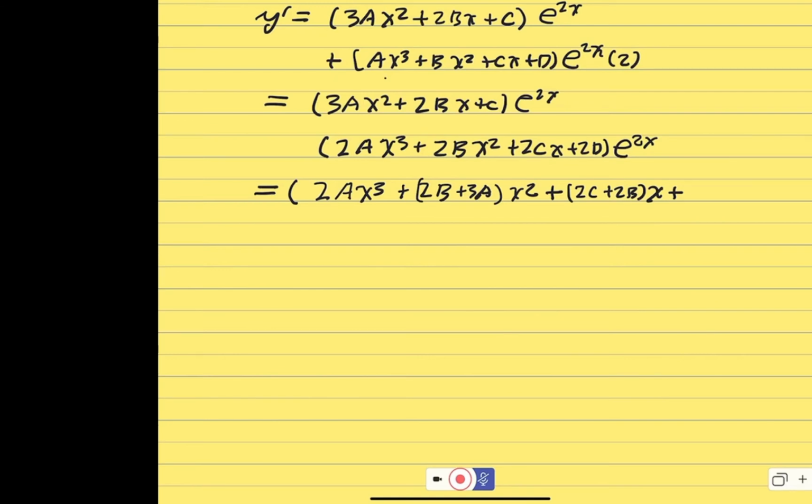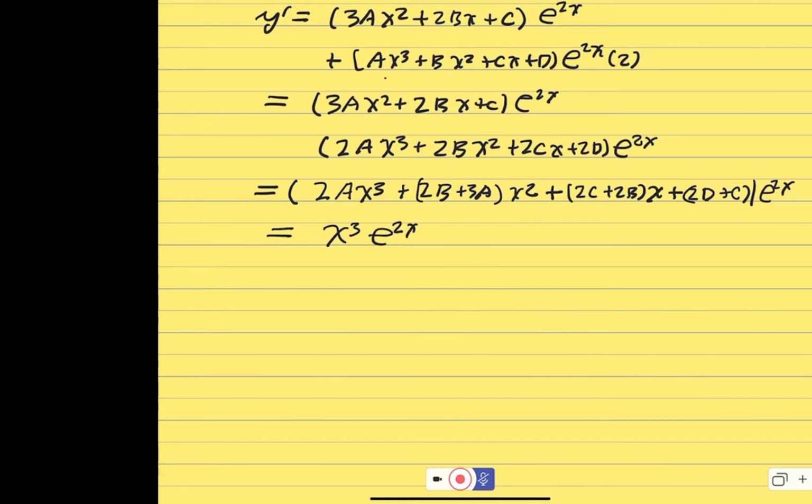So plus 2d plus c. And that's all times e to the 2x. Let me check that last constant term too. I have a 2d and a c. All right. And now our target function is just x cubed e to the 2x.